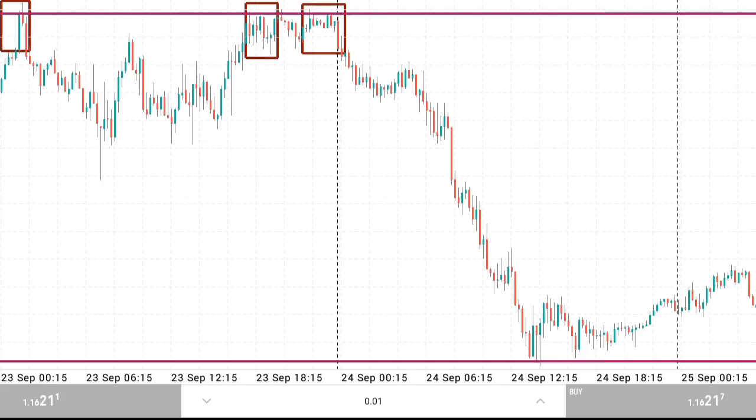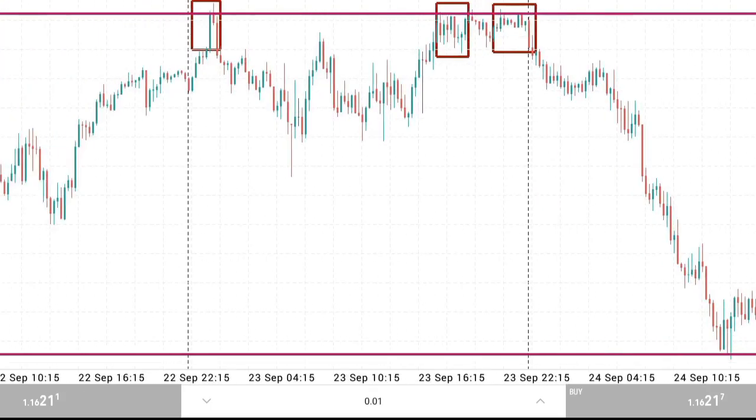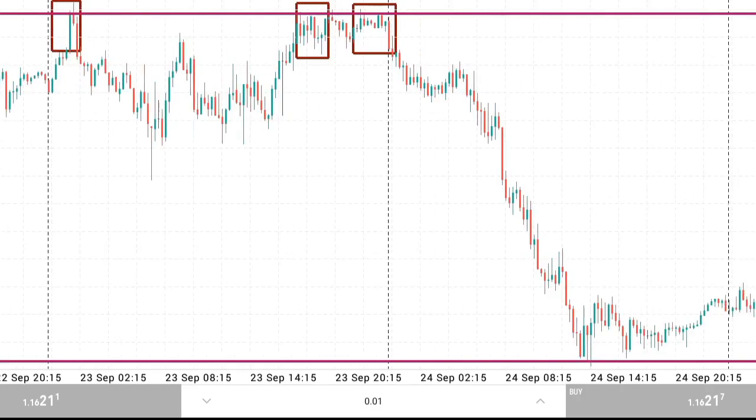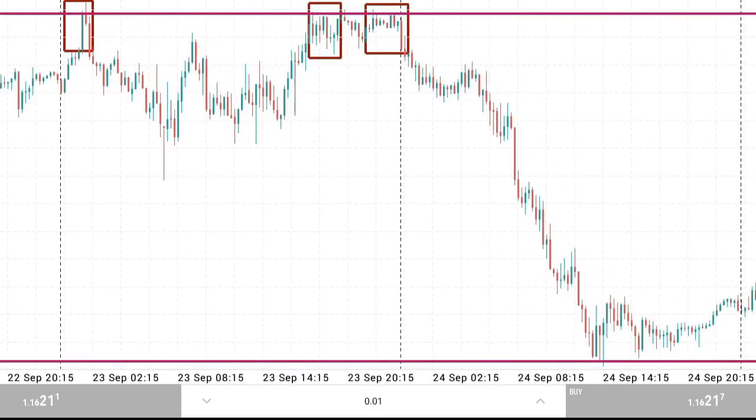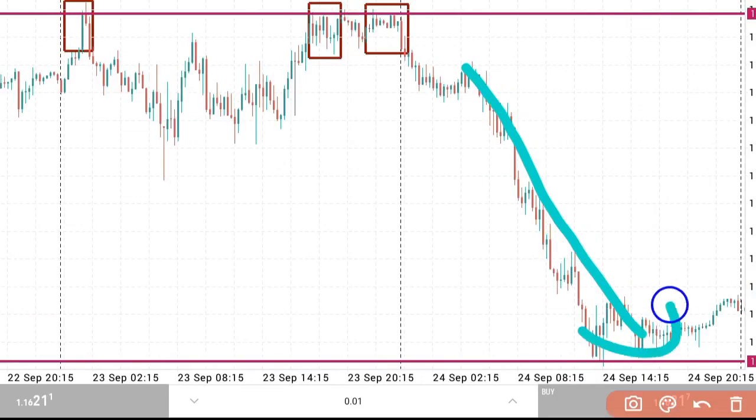Without demand and supply, there won't be pressure in the market. Look at the pressure here, the pressure to sell. That's the pressure of supply.